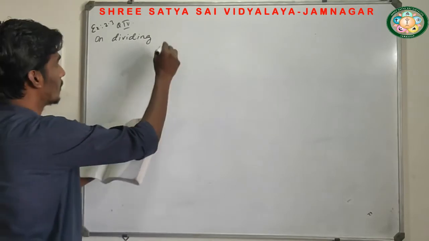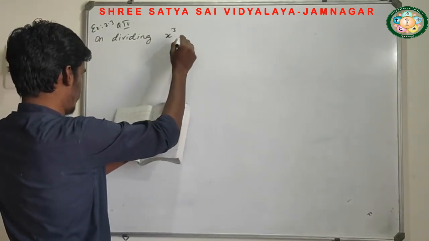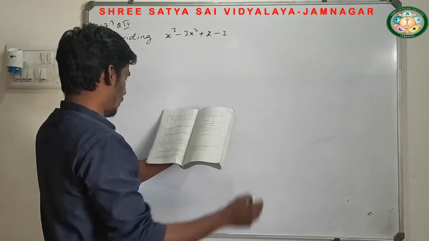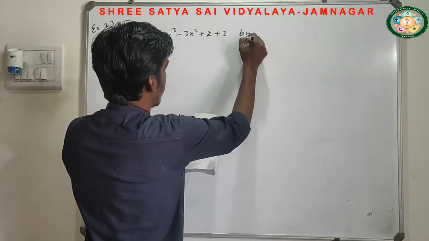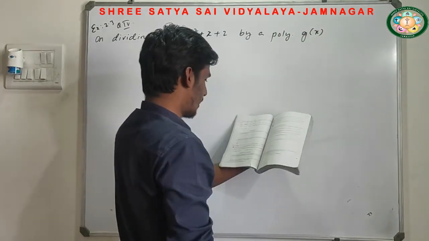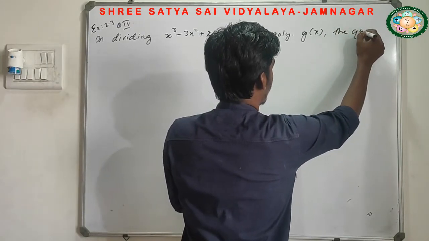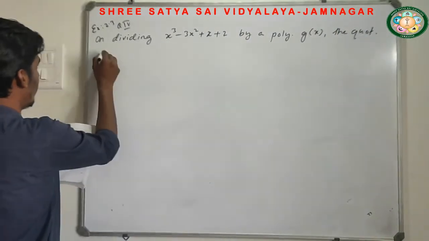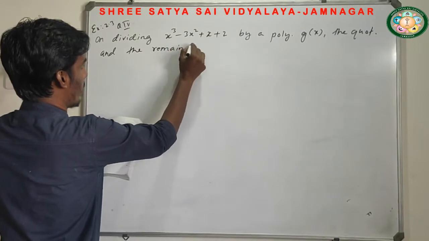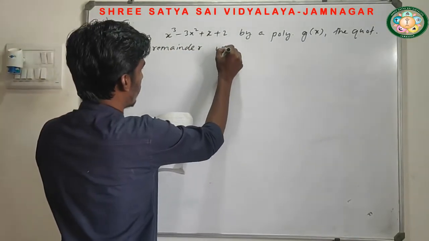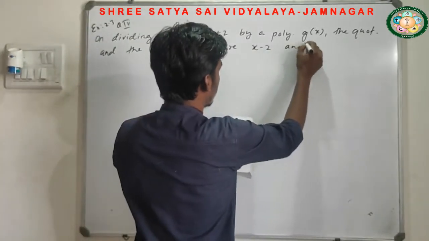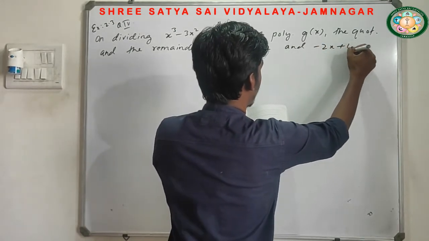On dividing x cube minus 3x squared plus x plus 2 by a polynomial g of x, the quotient and remainder are x minus 2 and minus 2x plus 4.